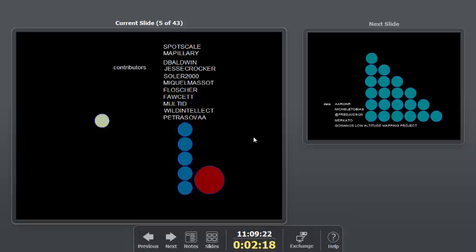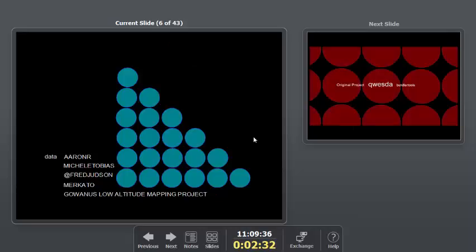By name on the GitHub website: D. Baldwin, Jesse Crocker, Solar 2000, Mikkel Massett, Flosher, Fawcett, Multi-D, Wild Intellect, and Petrosova. And these are our data contributors: Aaron R., Michelle Tobias, Fred Judson from Ohio Department of Transportation, Mercado, and the Gowanus Low Altitude Mapping Project. It'll be interesting to see if any of these slides work.